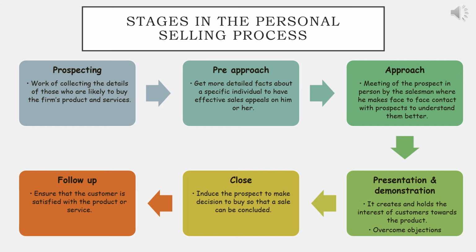The next stage is the presentation and demonstration. In this stage, the detailed demonstration of the product is given to the prospect, and at this stage the doubts are cleared from the minds of the prospect.